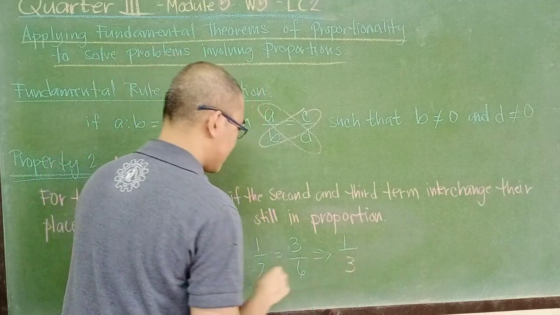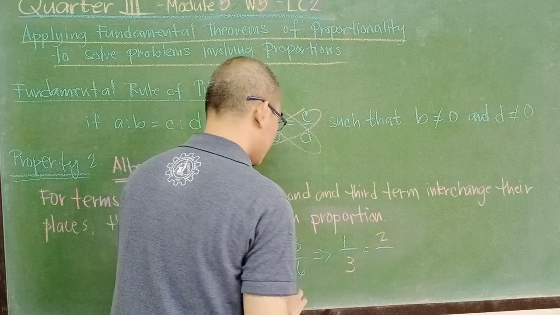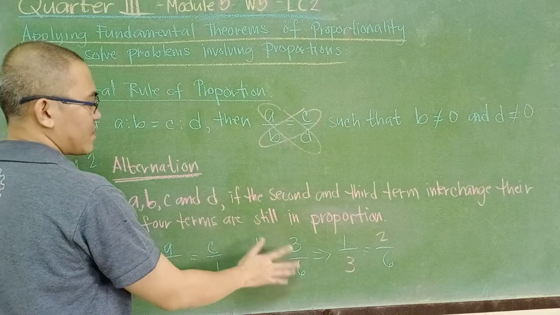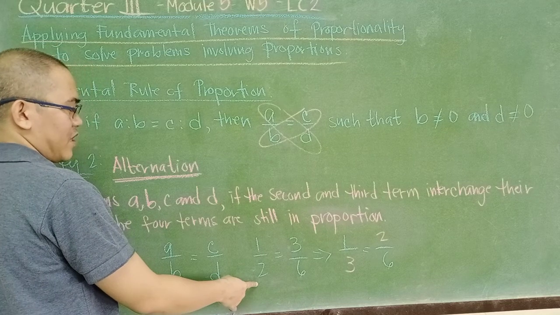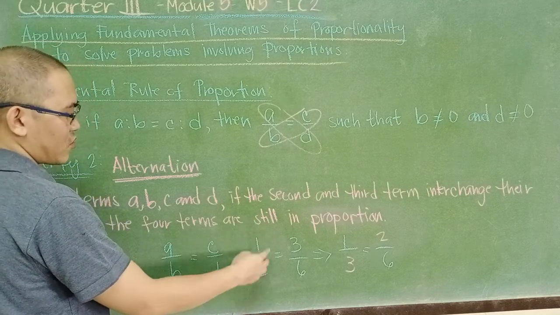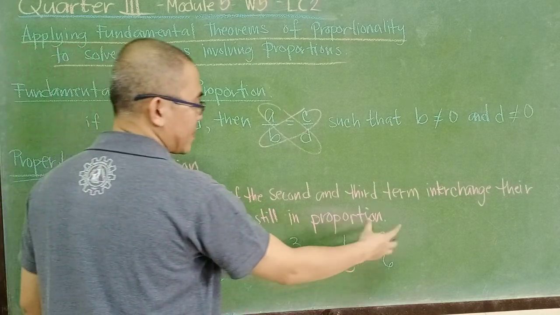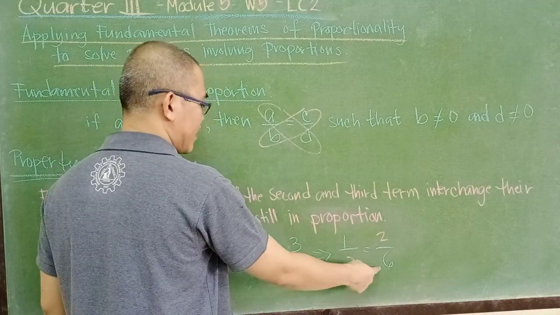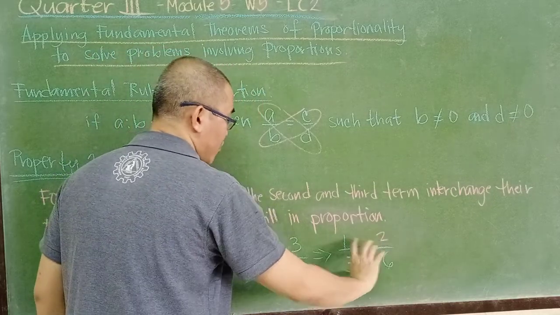So magiging 3 over 2 is to 6 over... so kung makikita ninyo, dito sa may example natin, yung 3 tsaka 2 pinagpalit ko ng lugar. So nagpalit sila ng position. Now if you would notice, kapag sinimplify mo yung 2 over 6, that will give you 1/3. So this is still equal, this is still proportional.